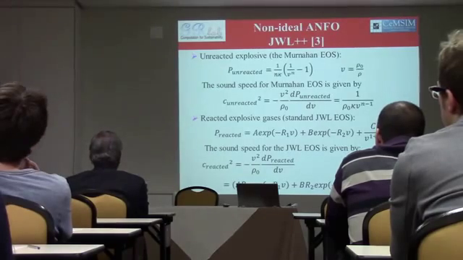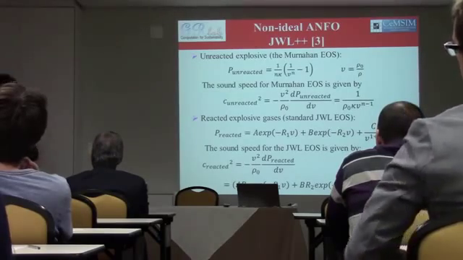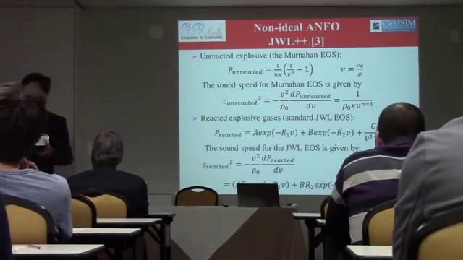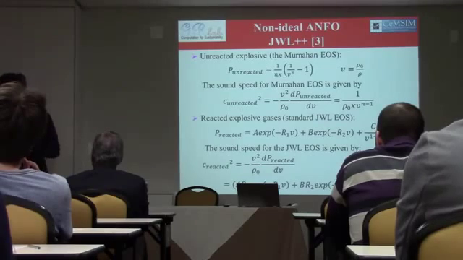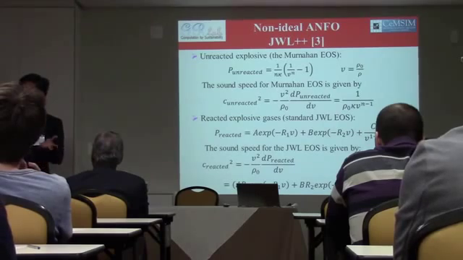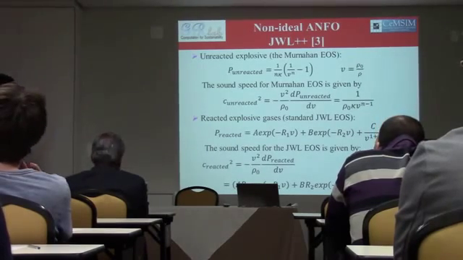Now, if you have explosives that are mixed with, for example, gasoline, this kind of burning material, then after detonation you have a detonation process and also a burning process, and the equation of state becomes more complicated. People use the so-called JWL++ technique.